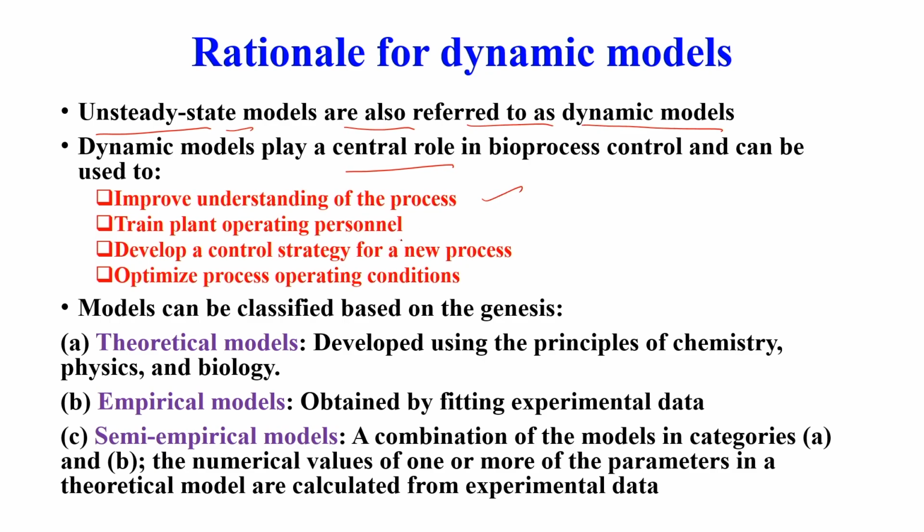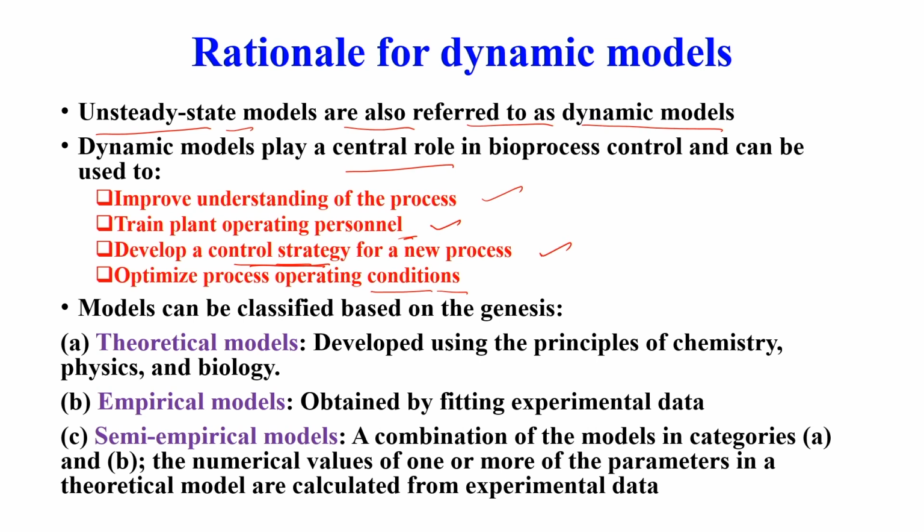It can be used to train the plant operating personnel. It helps to develop a control strategy. It is very important for a new process, and to optimize process operating conditions.